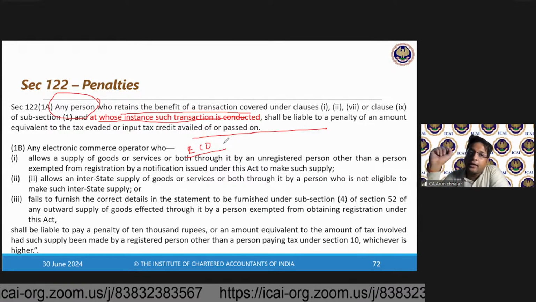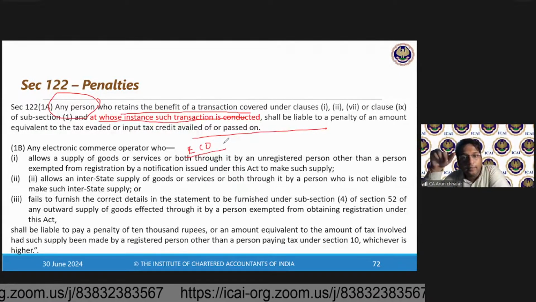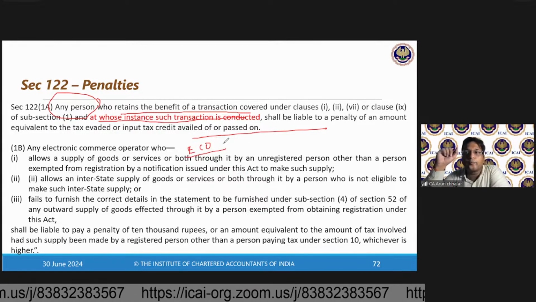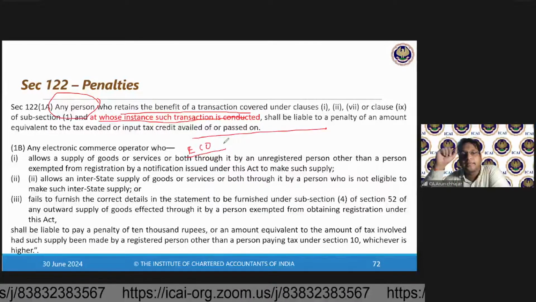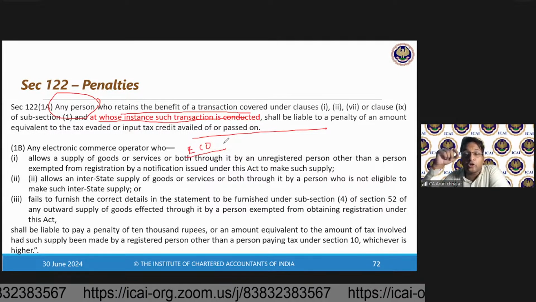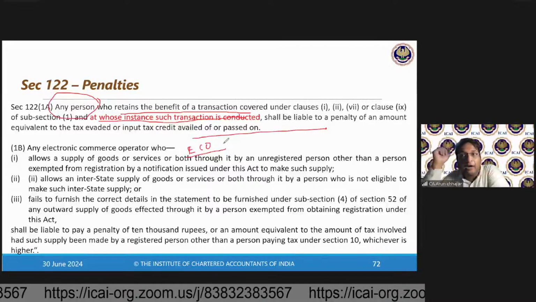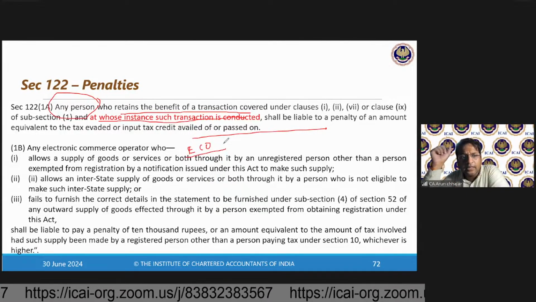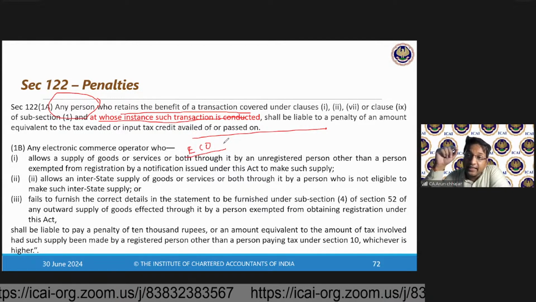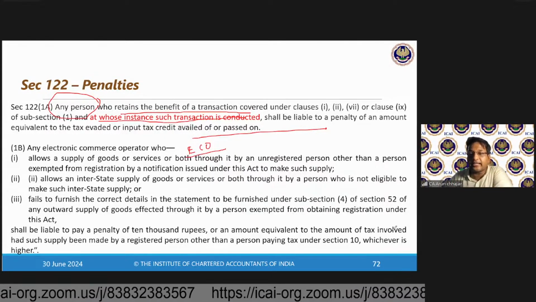Meaning thereby, it is now the responsibility of the ECO to ensure that no unregistered person has crossed the threshold limit, and that no composition dealer is making a supply out of that state. If they fail to do so, then such an ECO would be liable to a penalty equal to the amount of the tax involved.